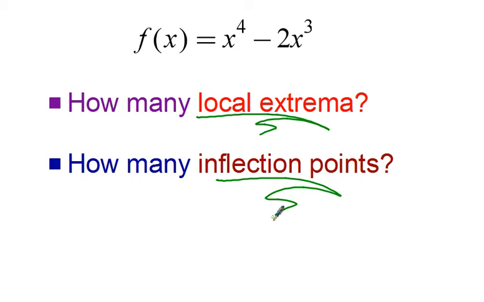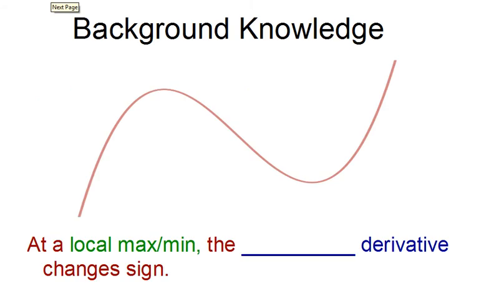So let's go over the background knowledge that a person needs to have in order to determine the answers to these questions. To discover the local maxima of a function, we need to look and see where the slope of the graph changes from positive to negative. And to discover where the local minima are, we need to learn where the slope changes from negative to positive.